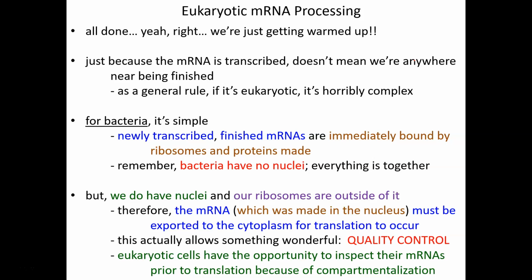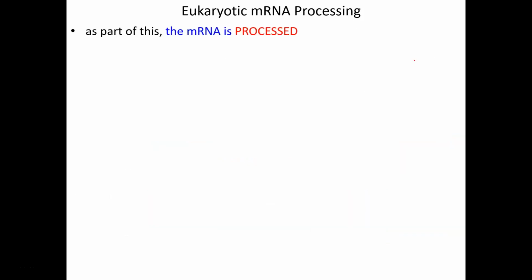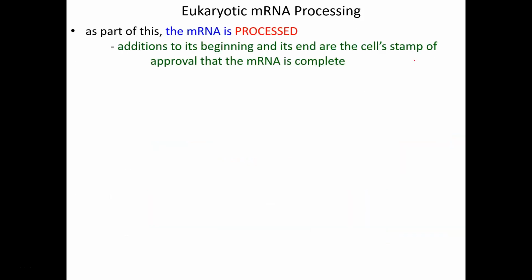So we're going to inspect these messenger RNAs, make sure that they're whole, make sure that they have high integrity, and then process them to mark them as ready for translation in the cytoplasm. So really, mRNA processing breaks down into three main categories. Something is added to the mRNA's beginning, to its 5' end. Something is added to the mRNA's end, its 3' end. And something is done to the center of the messenger RNA.